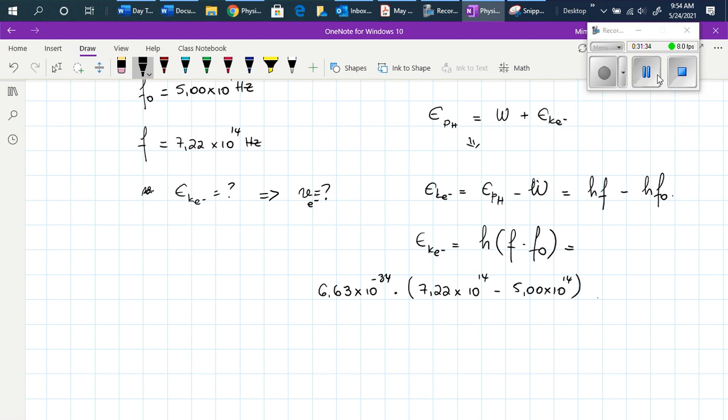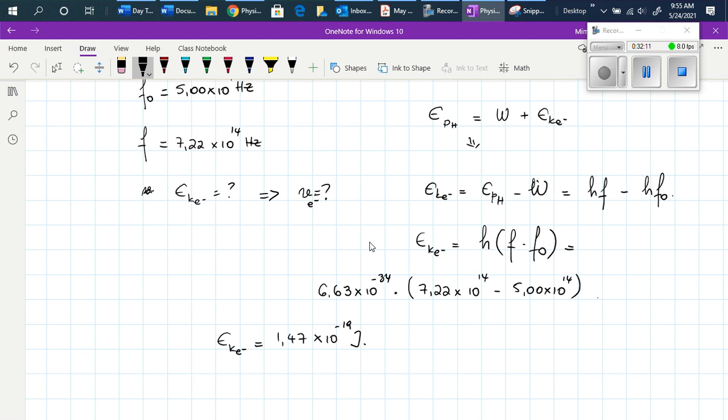And based on our calculation, I have the kinetic energy of the electron as 1.47 times 10 to the power of negative 19 joules. And if they are looking for electron volts, then you divide by 1.60 times 10 to the power of negative 19 and you will have the value in electron volts.